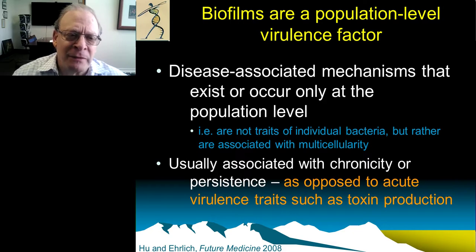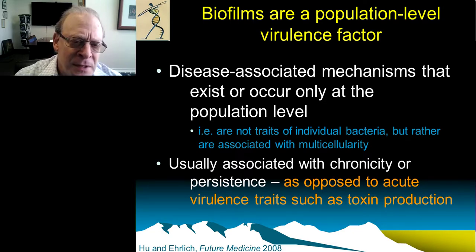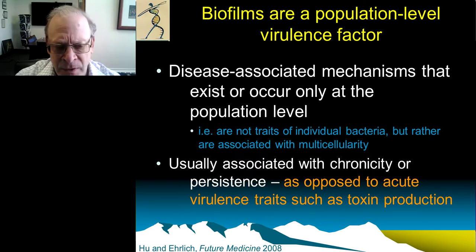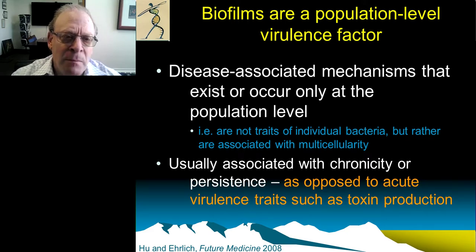A population level virulence factor is a disease associated mechanism that exists or occurs only at the population level, i.e. it is not the trait of an individual bacteria, but rather a trait that's associated with bacterial multicellularity. And most of these population level virulence factors are associated with chronicity or persistence, as opposed to acute virulence traits such as toxin production.